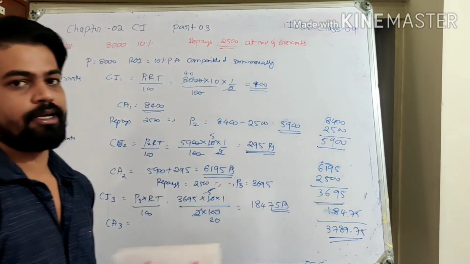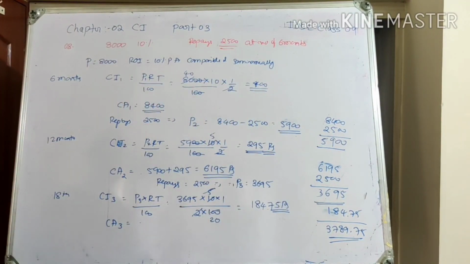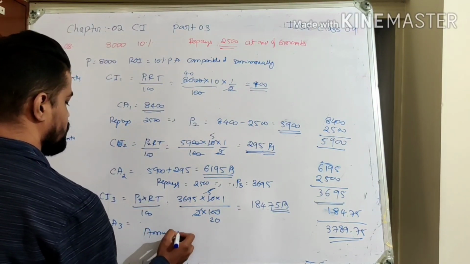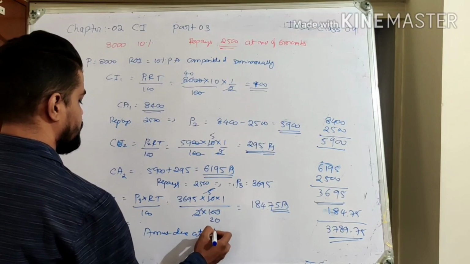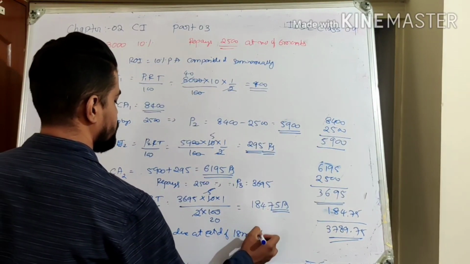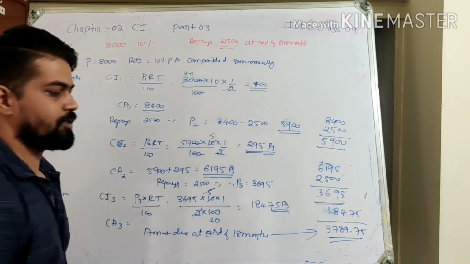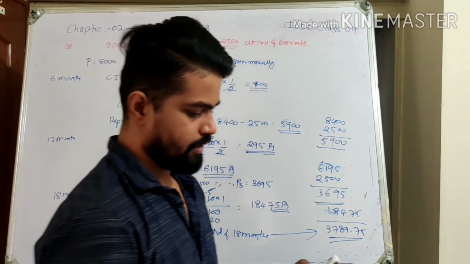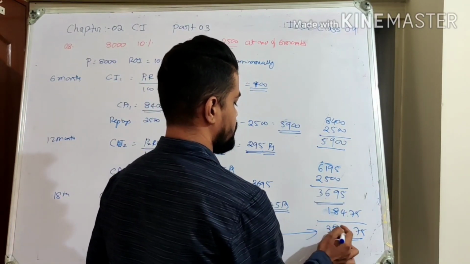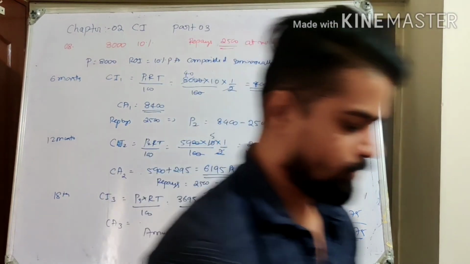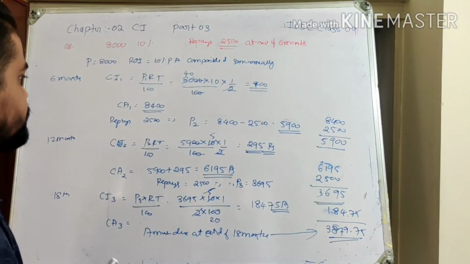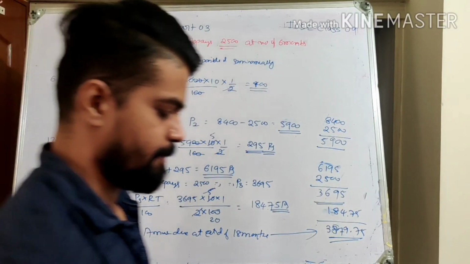Now if he has to pay the entire amount back at the end of the 18 months, the amount due at the end of 18 months is 3,789.75. Yes. No, 3,879.75. That will be the answer. So it's anyway explained in the book, in the example. Check that clearly. So let me wind up this.